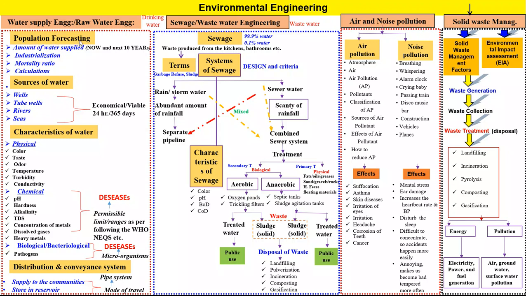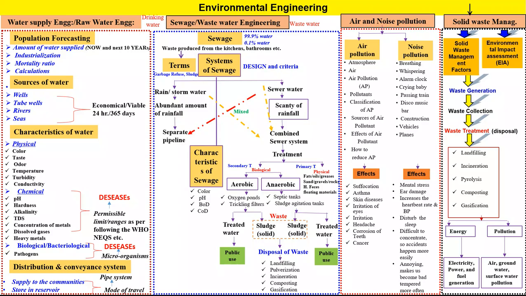First we will read population forecasting. In population forecasting, we will read the amount of water supplied now and in the next 10 years. It means we will have a calculation. We have a formula for it. For example, we are going to design a water supply scheme.